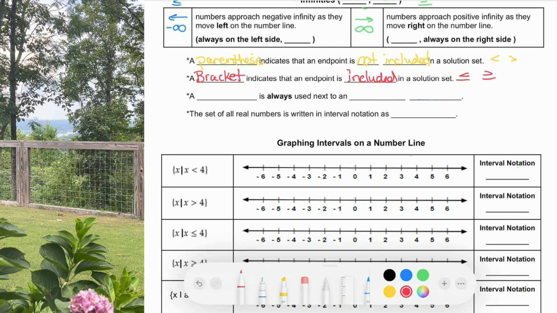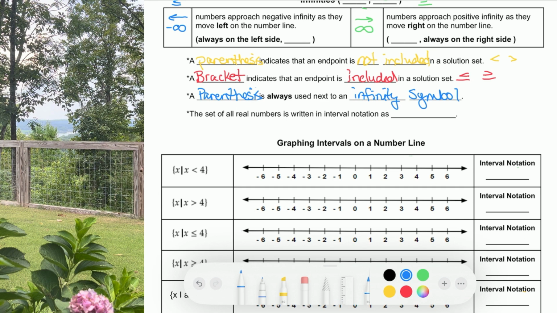So those are the less than or equal to or the greater than or equal to. A parentheses is always used next to an infinity symbol, because there's no endpoint. There's no endpoint to include, so you can't have a bracket.